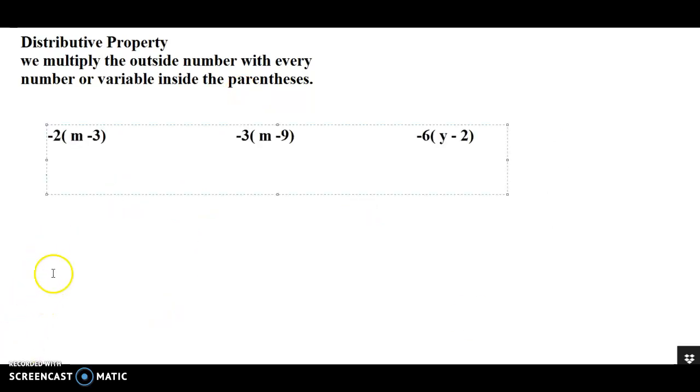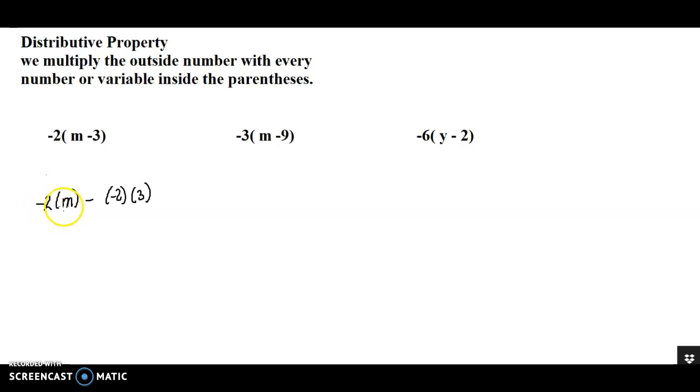Okay, so let's try this again. Now they're asking us to perform the distributive property here. They're asking us to take a negative 2 and multiply it times m, minus, take a negative 2 and multiply it times 3.